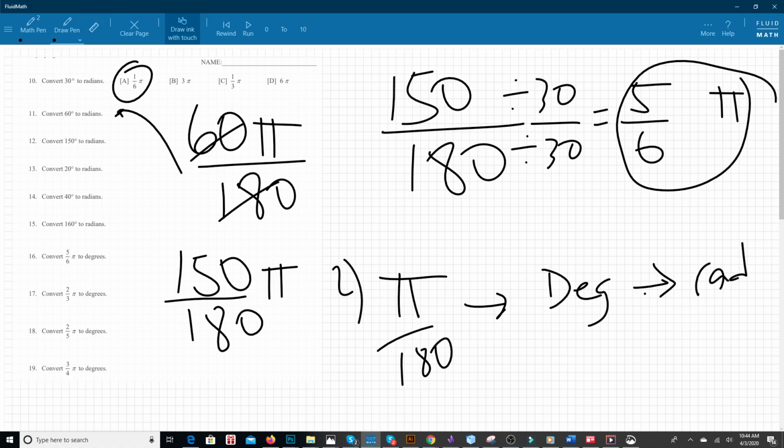Yeah, okay, 30 can go into both of them. Yeah, you're right, Emily. 30 can go into both of them.